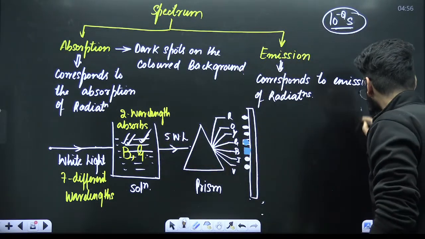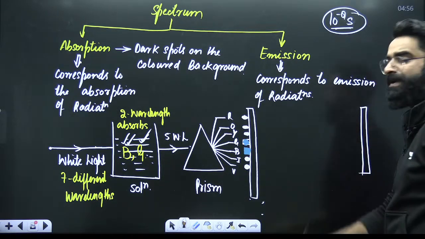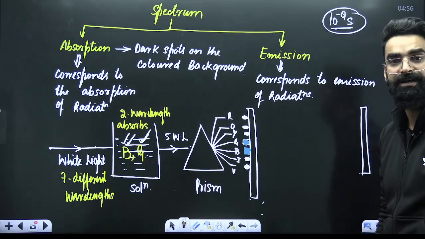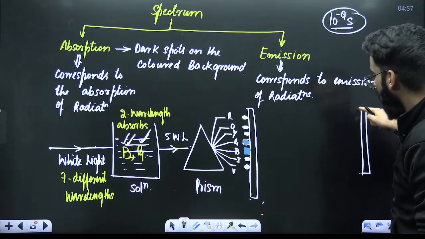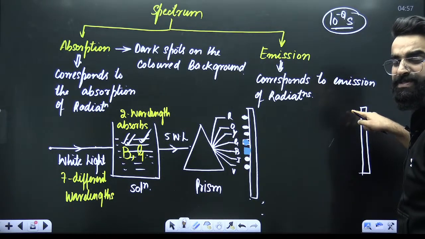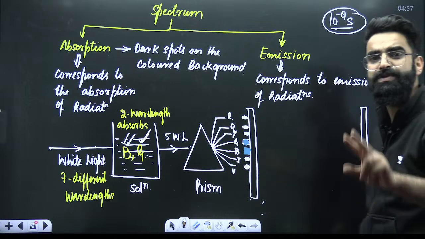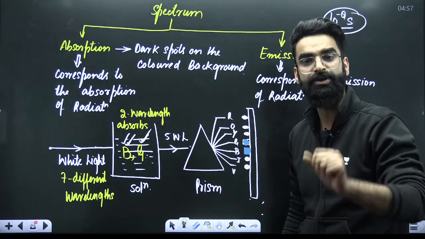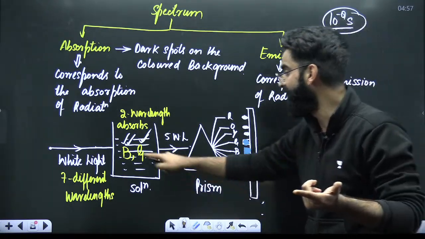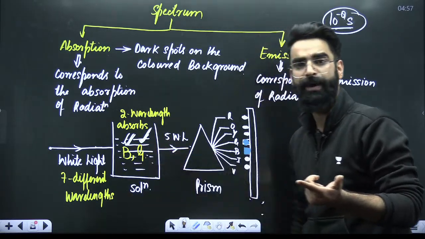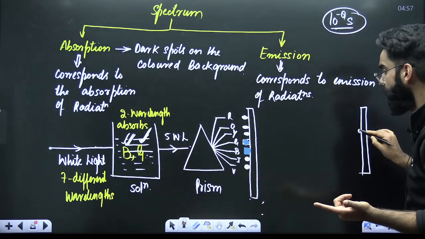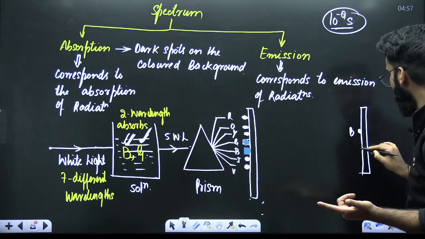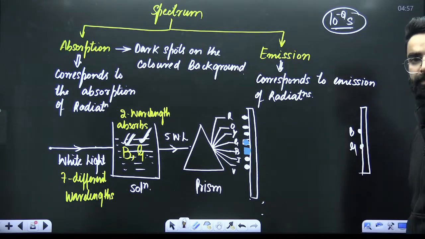So if I ask you now, in case of the emission spectrum on the photographic plate, will you see all 7 wavelengths? Will you see 5 wavelengths? Or will you see just 2 wavelengths? You will just see 2 wavelengths. Which wavelengths? The wavelengths which the atoms absorbed over here, right? One is going to be your blue, and one is going to be your green. Perfect.